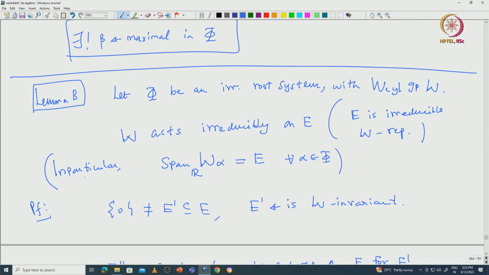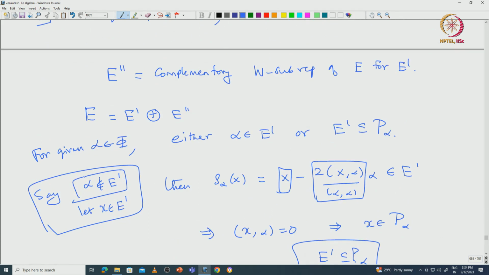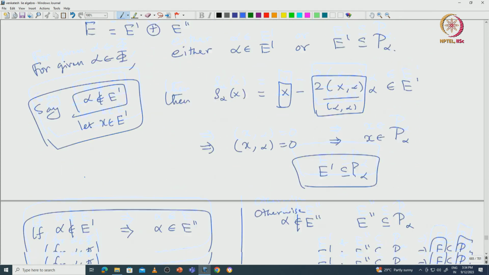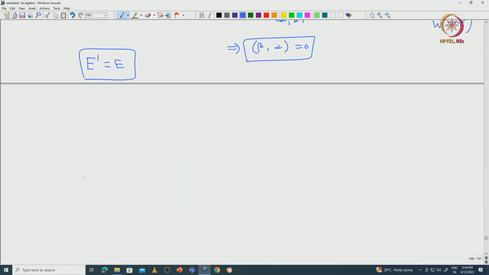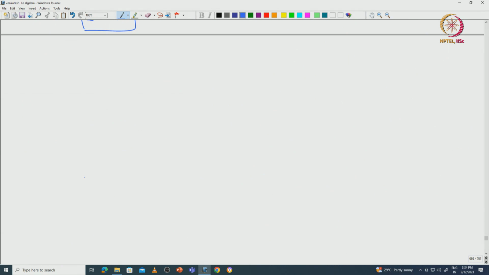In particular, if I take any non-zero vector alpha in E and then take the W orbit of that non-zero vector, it must span this capital E. These results can be used to understand the vectors lying inside a given irreducible root system.